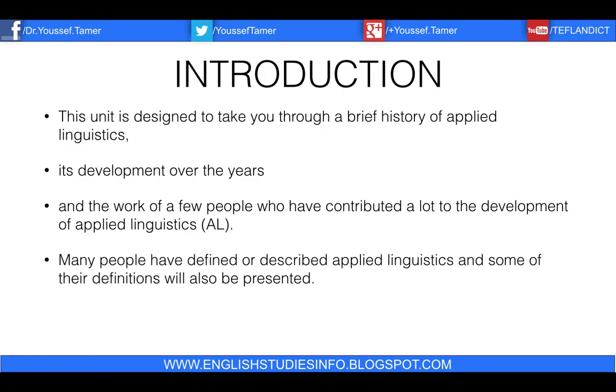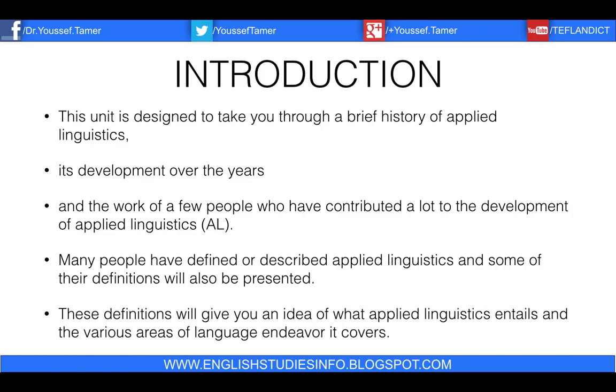Many people have defined or described applied linguistics, and some of their definitions will also be presented. We will go through the main definitions that are in the literature about applied linguistics, and see what is common between them. These definitions will give you an idea of what applied linguistics entails and the various areas of language endeavor it covers, okay?